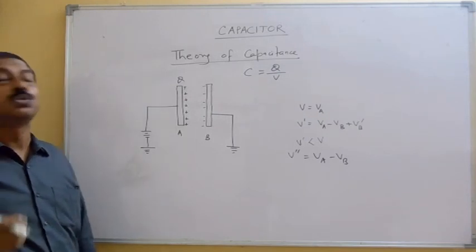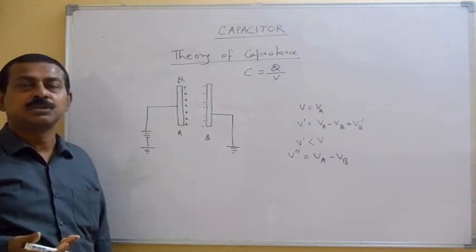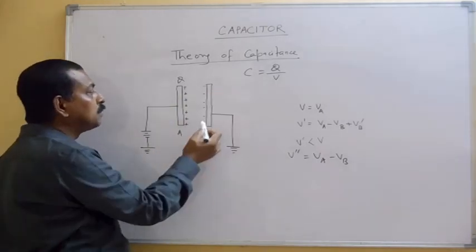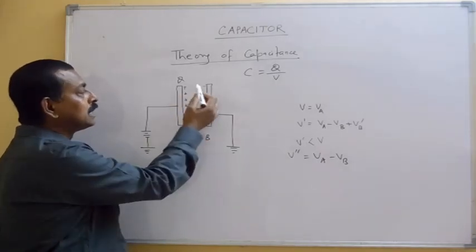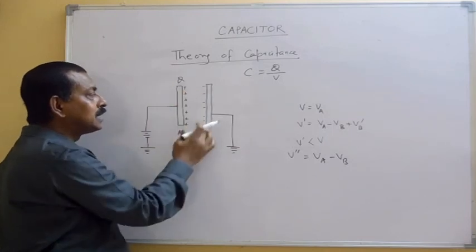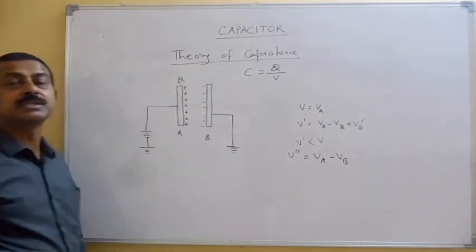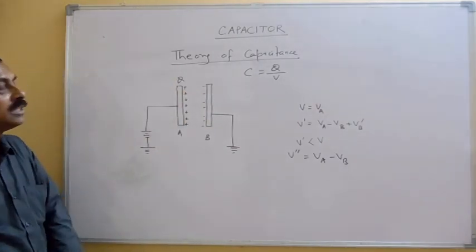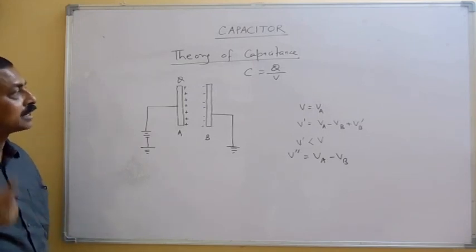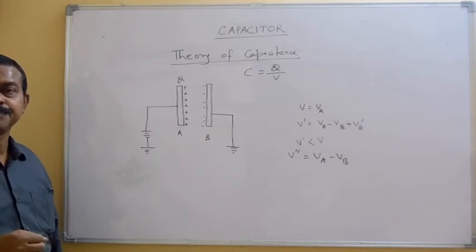If you want to further increase the capacitance, you can add a dielectric medium between the two plates or the two conductors. As a result, the capacitance will increase further because the potential is inversely proportional to the dielectric constant of the medium which is being introduced.